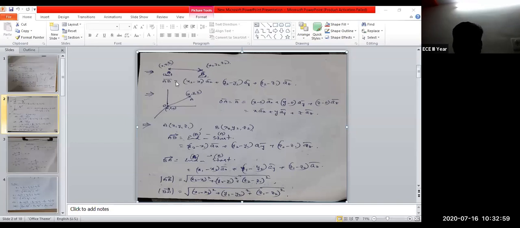Why? Because the A position is not 0 and the B position is not 0. A has some value x, y, z. B has some value x2, y2, z2. So due to that reason, I cannot call it only A bar or only B bar.